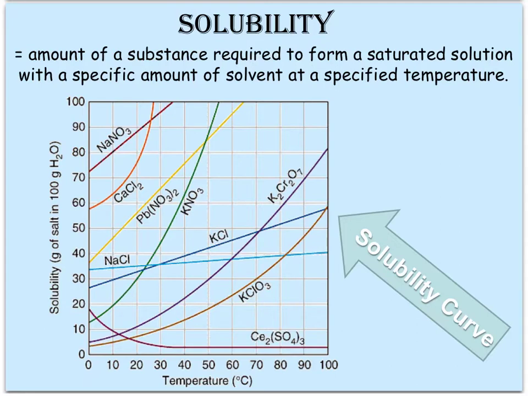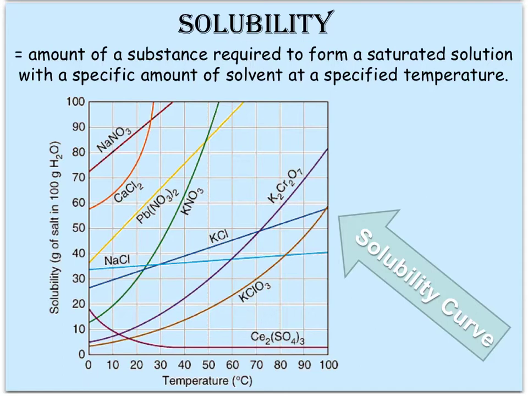The rate of the solubility for each substance can be graphed. On this particular graph, referred to as a solubility curve, it shows the solubility of a certain number of grams of salt in 100 grams of water versus the temperature.